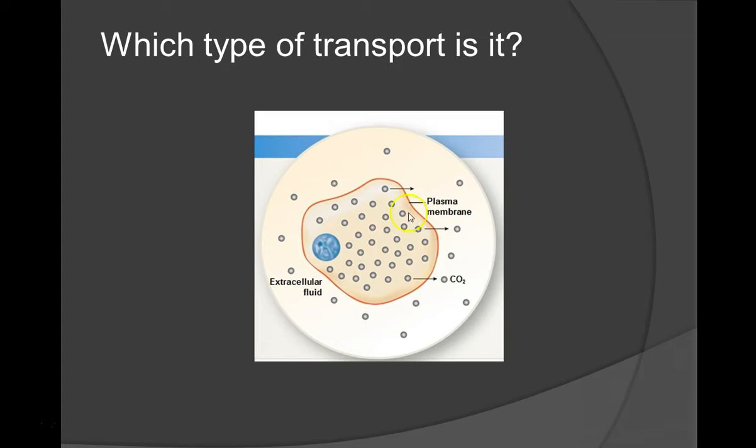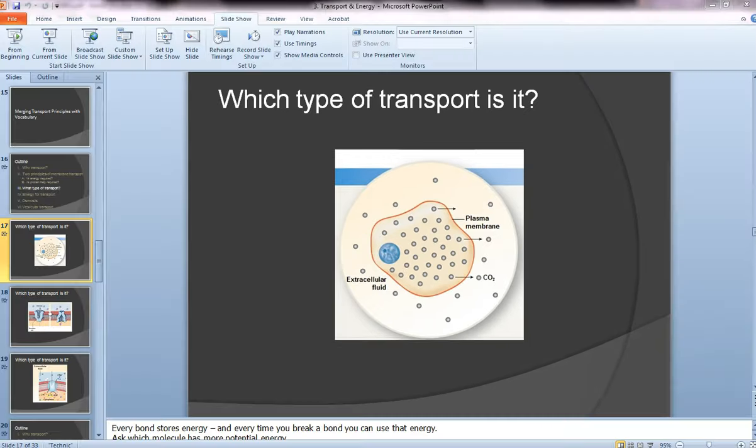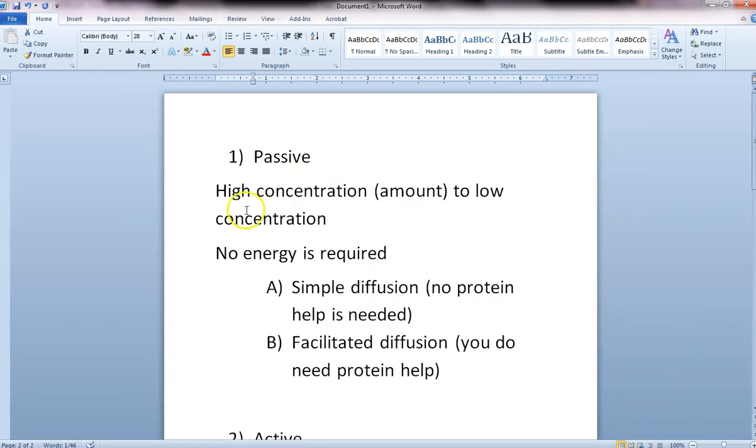Well, if you just count the dots, there's a high concentration inside the cell and a low concentration outside the cell. So the arrow shows which way it's moving, from high to low. And we said if we look back at our rules, high to low is passive.